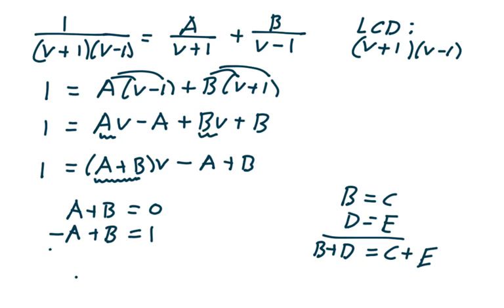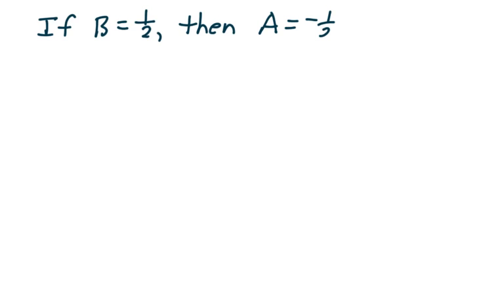So I'm just going to basically do that over here. So 2b equals 1, and that implies b is a half. And if b is a half, that tells me a is negative a half.